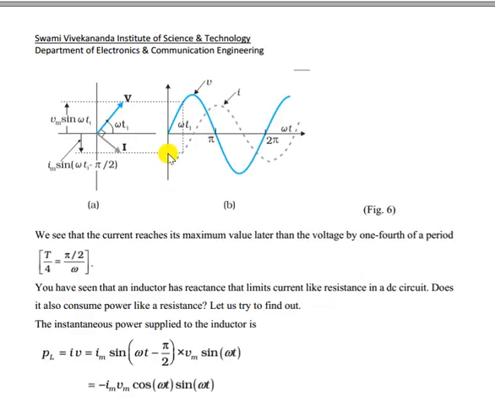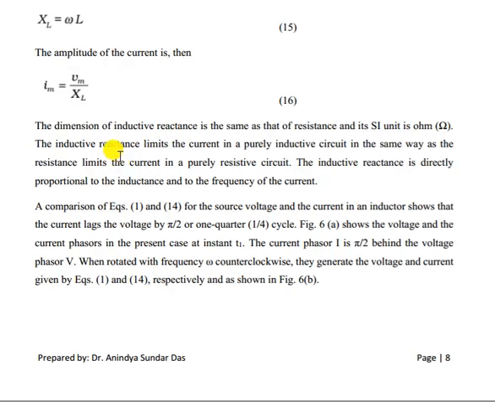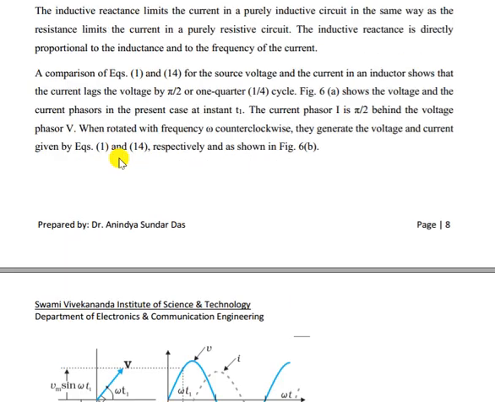Then if we take one point here and plot the phasors, this is your V, and at the same point, that is I, and if we find the angle between these two, it is 90 degrees. So V and I are 90 degrees phase shifted, or 90 degrees out of phase.